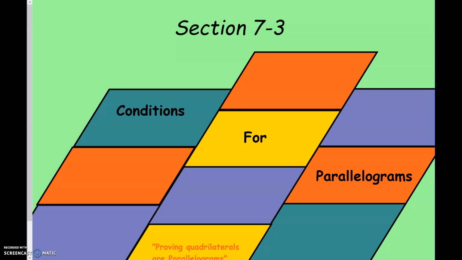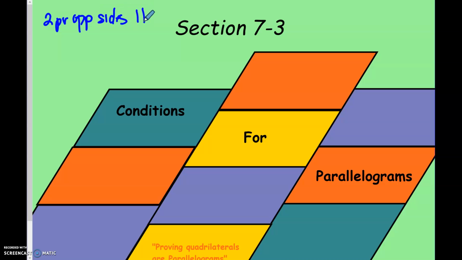And the definition for a parallelogram is two pair of opposite sides parallel. And then there were some properties that came along with it. So the definition is two pair of opposite sides parallel.